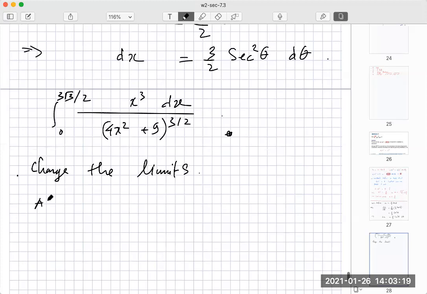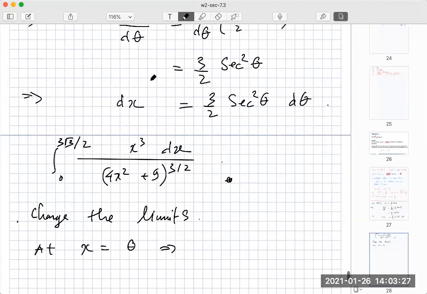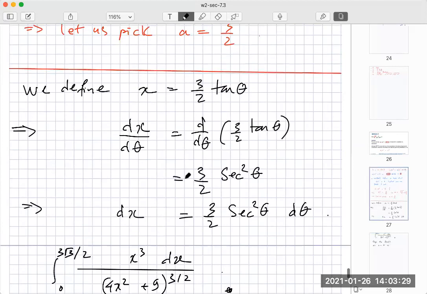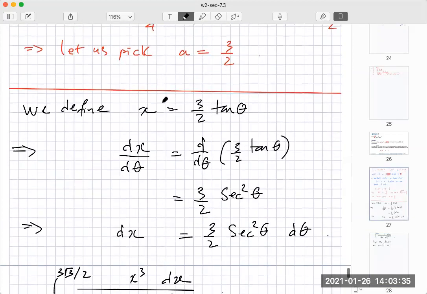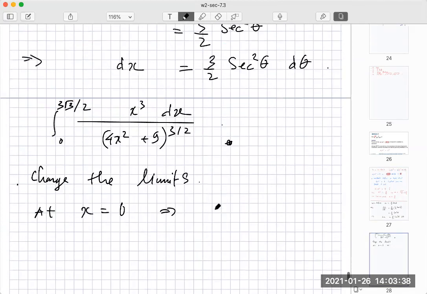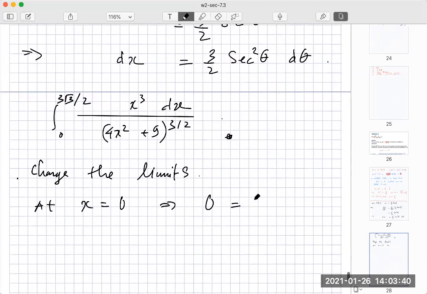Okay, at the point x is equal to 0, we have the relation we defined here. Then we have 0 would be 3/2 tan theta, right?